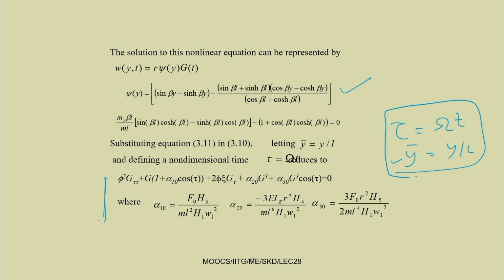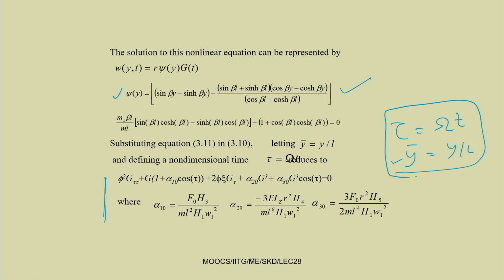So, you have to apply the Galerkin method. So, substituting these mode shapes in the original spatio-temporal equation, finding the residue and then multiplying by the weight function. The weight function can be taken as the same as this one, and applying the orthogonality principle, you can reduce this equation to this form. So, this is in temporal form.